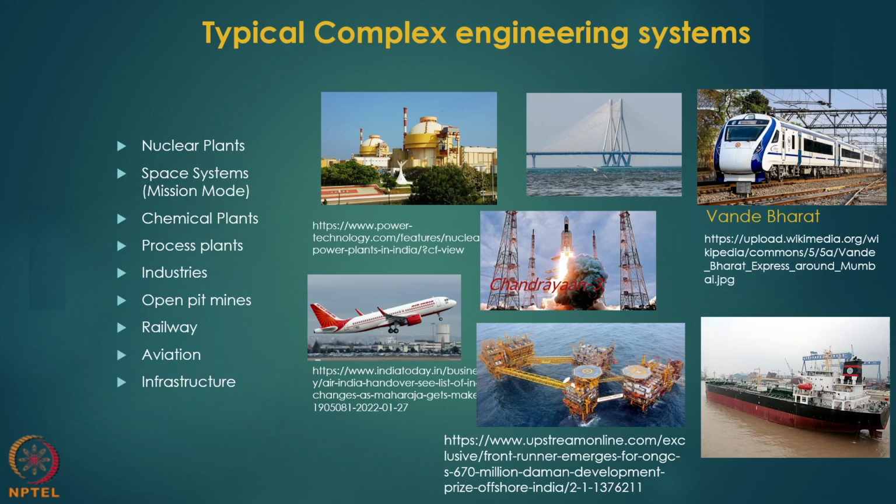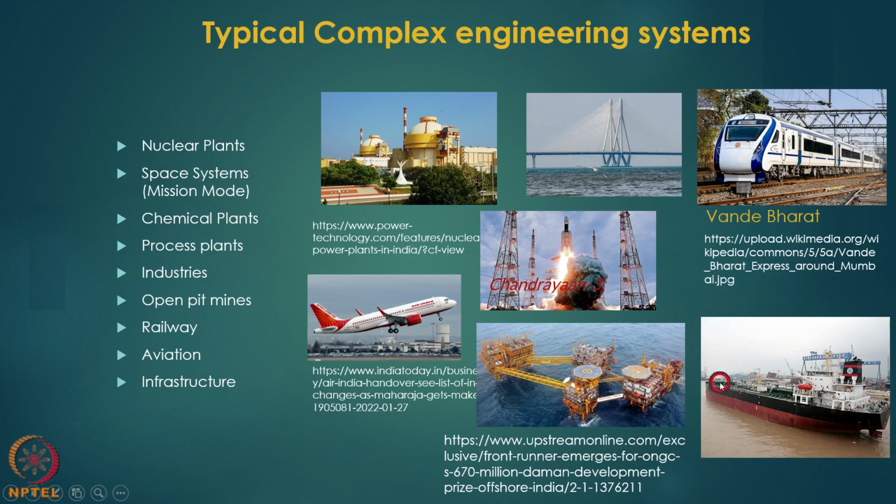Now we have an image of a nuclear system. Then we have a complex structure, a bridge. Then the train railroad system, then a space system, aviation, an offshore platform, and then a shipping system.